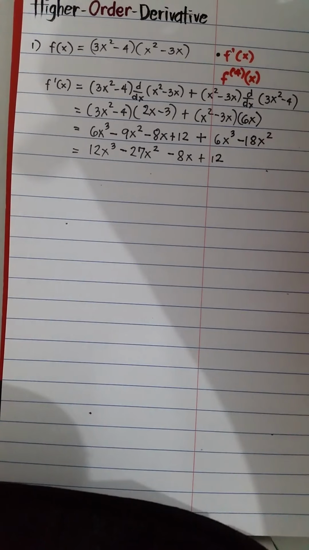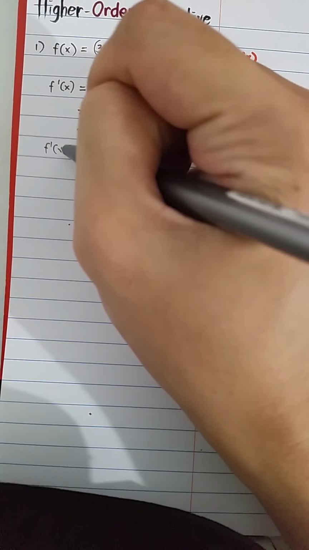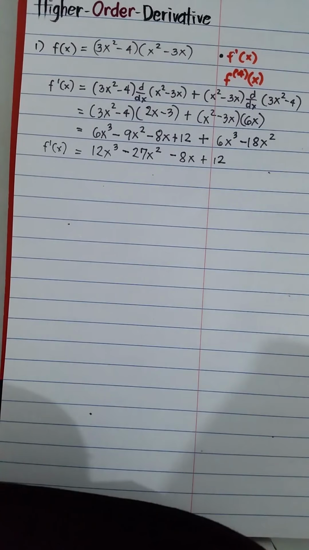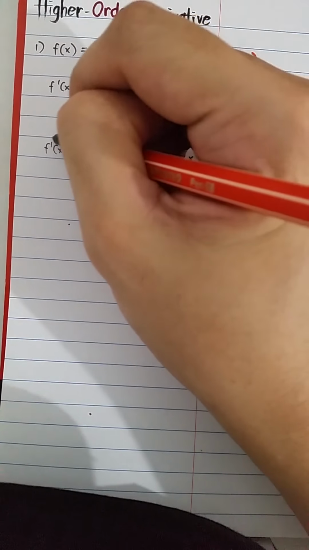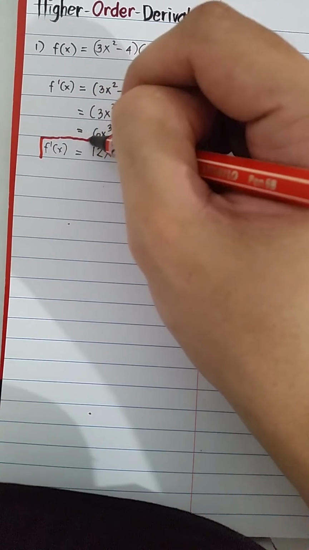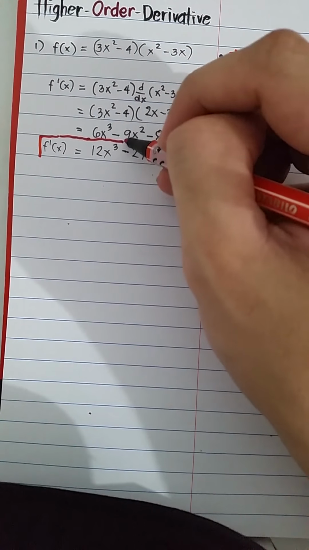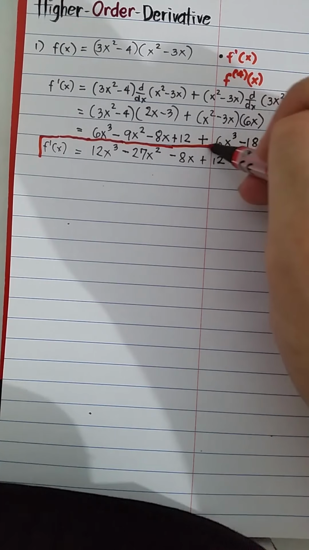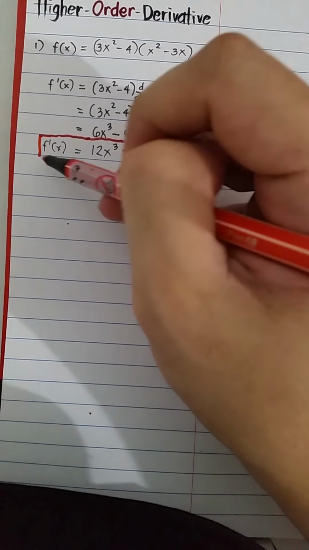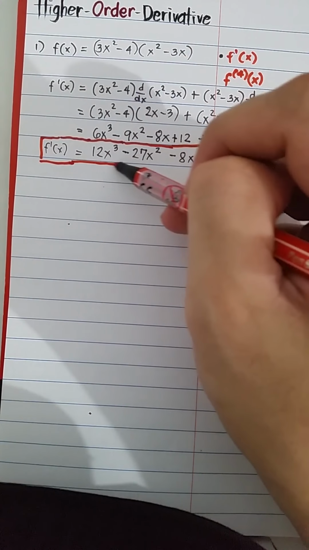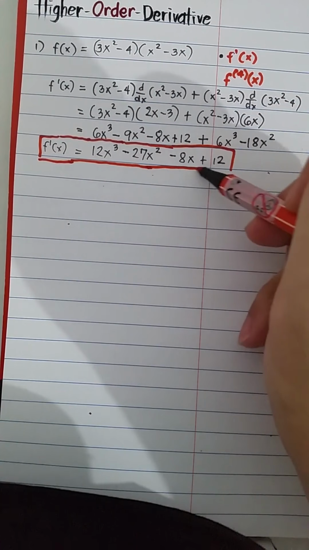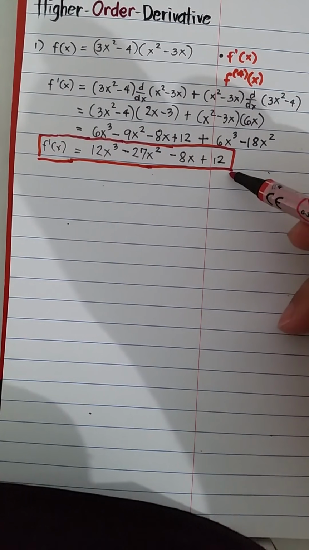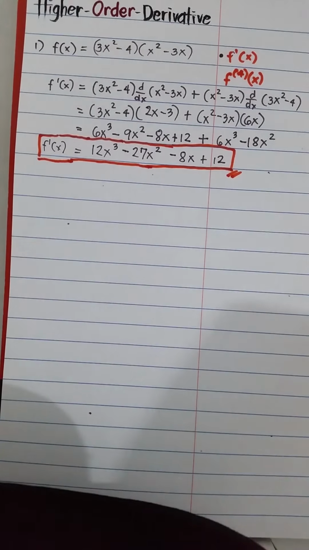Right. So this is your first derivative. It will take a while for the first derivative as we apply the rule, but for the succeeding solution it will be much easier.